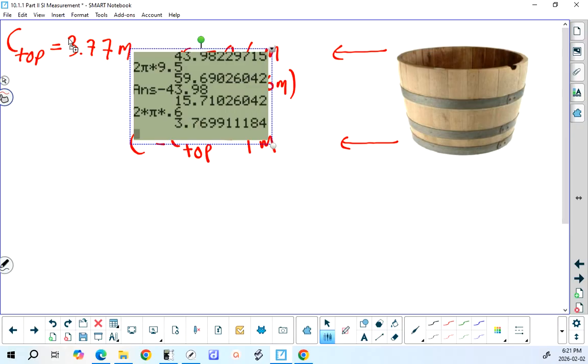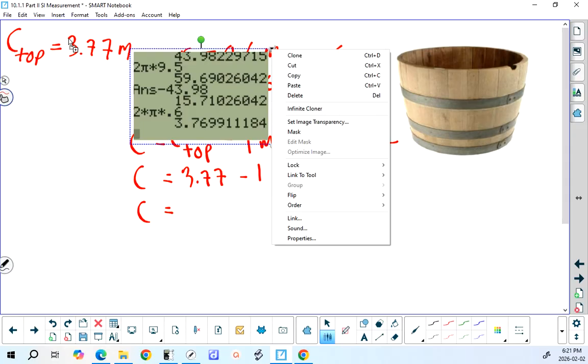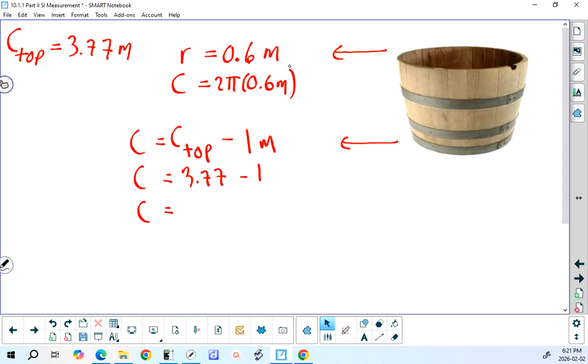That means the circumference of the bottom is that 3.77 meters minus the 1 meter. What does that give us for the circumference of the bottom? Well, 3.77 minus 1 is 2.77.